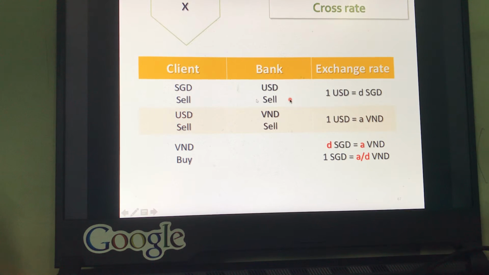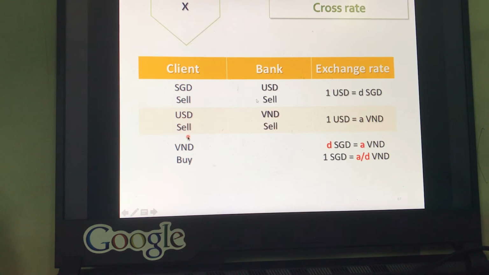Because the bank quotes the exchange rate, right? And in the first transaction, the bank sells the commodity currency. So we apply the offer rate of the exchange rate of the USD against dollar Singapore. So in the first transaction, 1 USD is equal to D SGD. Okay, that's it. That finishes the first transaction.